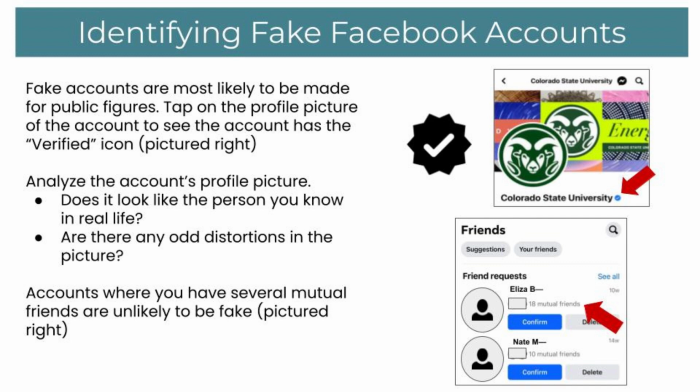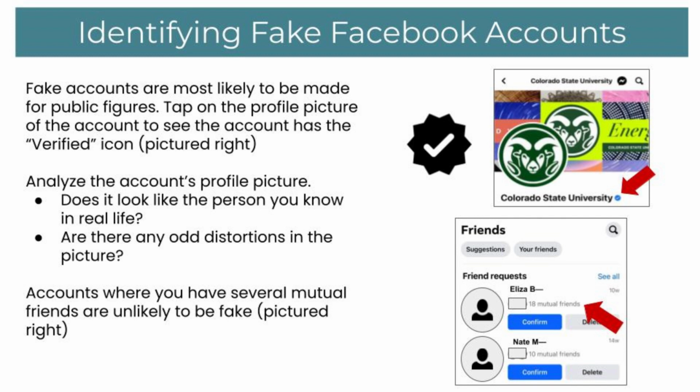Although most Facebook accounts that are fake are made for public figures, some fake accounts can be made to look like regular people. One way to know if the Facebook account is real is to take a look at their profile picture. Ask yourself if the picture of the person is someone you know in real life. AI or artificial intelligence can generate profile pictures, but these may have distorted body parts as well.